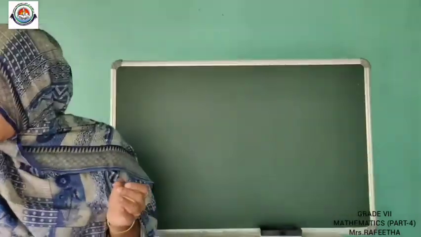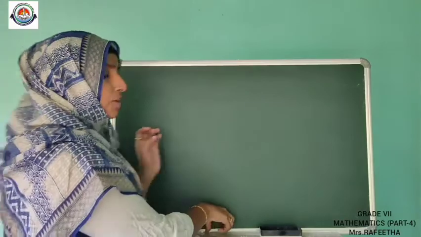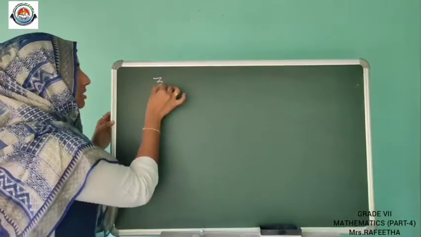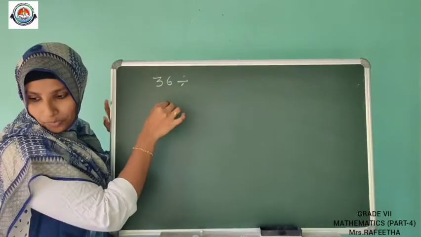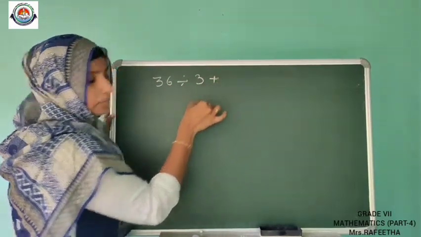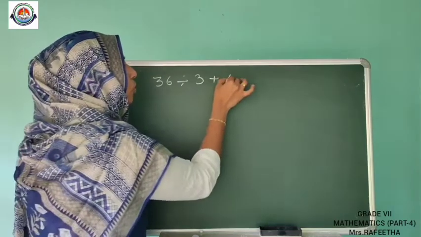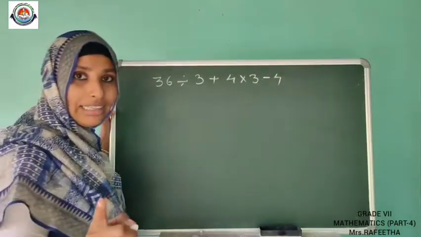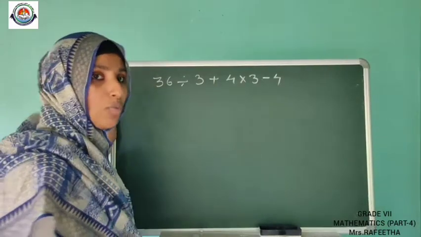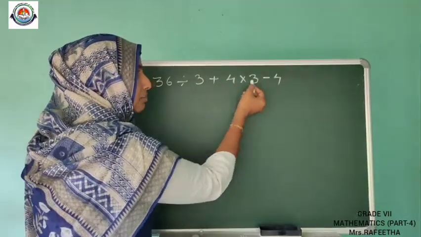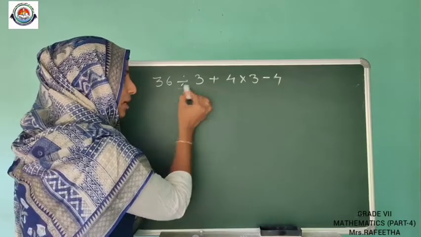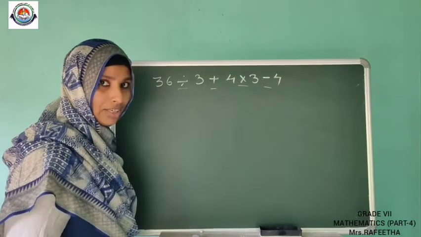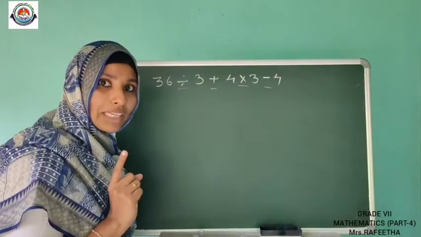In your textbook itself, there is an expression given: 36 divided by 3 plus 4 into 3 minus 4. So numerical expressions include numbers with operations like division, multiplication, addition, subtraction. Now you get what a numerical expression is.